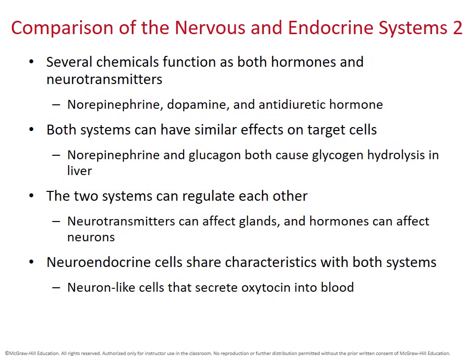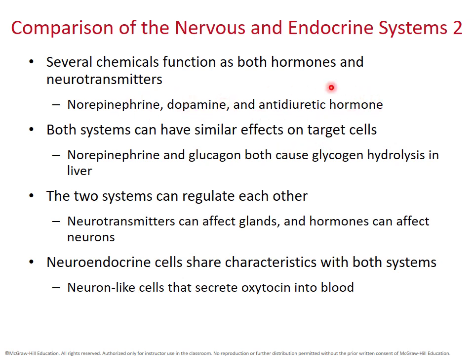Now, in terms of the chemicals of the two systems, of course, again, we've contrasted them as neurotransmitters and hormones. I think it's interesting to point out that there are some molecules that serve both functions. So norepinephrine, dopamine, we tend to think of those as neurotransmitters, but both can function as hormones.